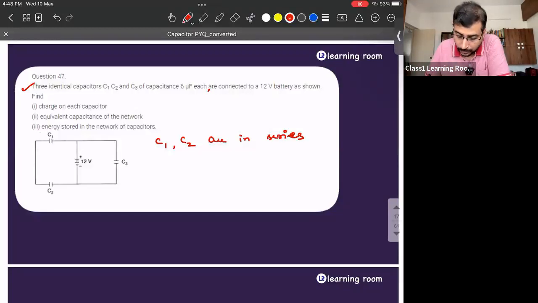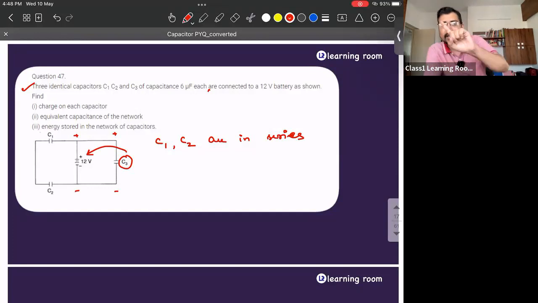So this C3 is directly connected across the battery. You're able to see how to identify this: you have the positive potential here, negative potential here. The same positive will appear here and negative will appear here. So C3 is directly connected across a 12 volt battery. Am I right? Now, what is going to be the charge on the third capacitor?